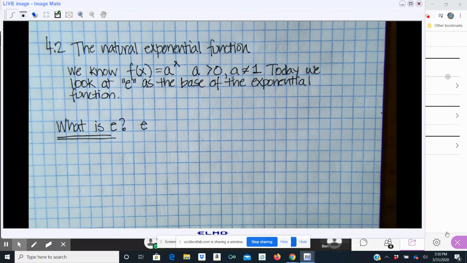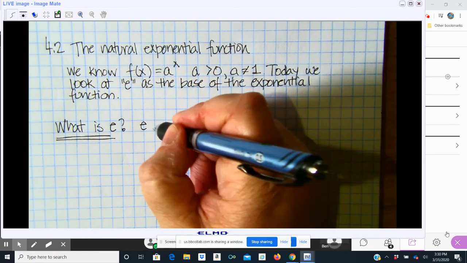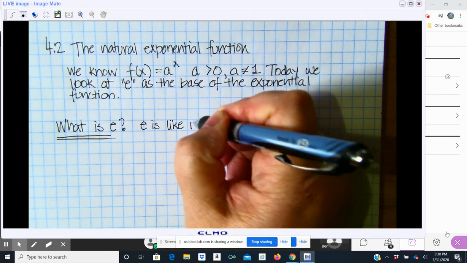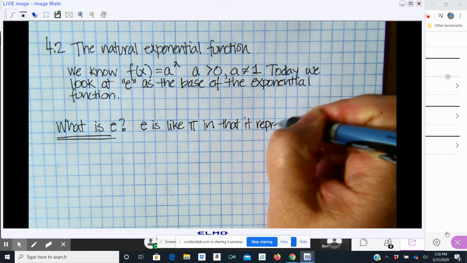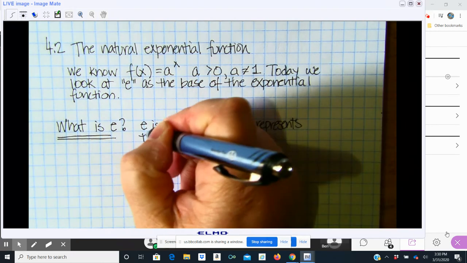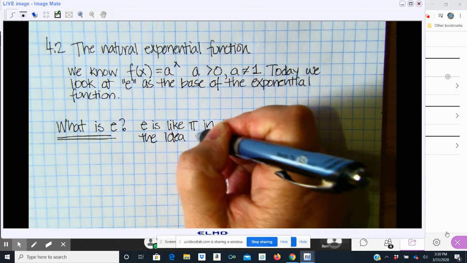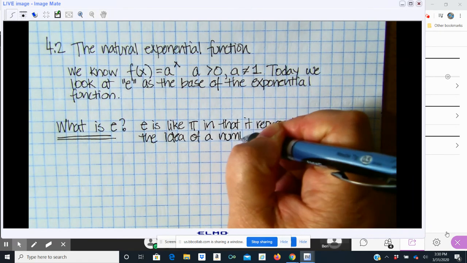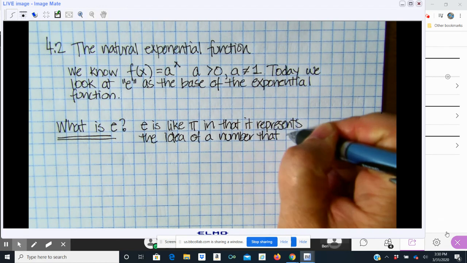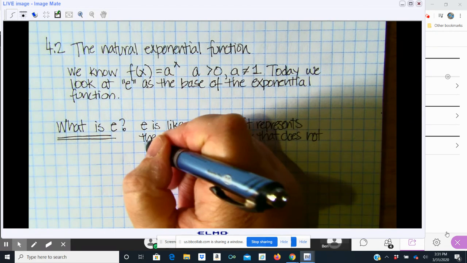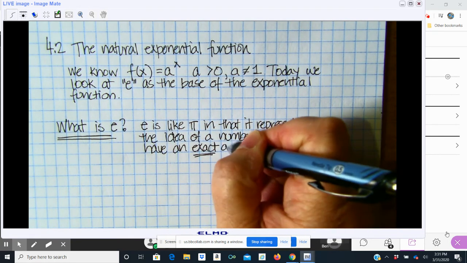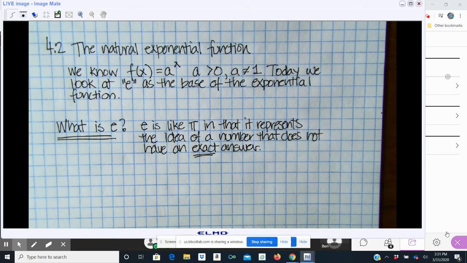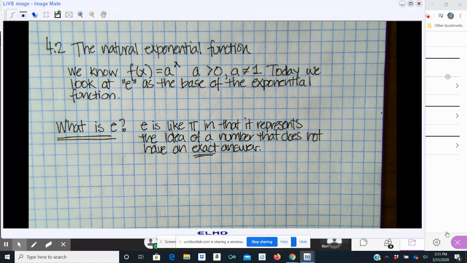E is a number like pi is. Okay. E is like pi because it represents the idea of a number that doesn't have an exact answer.